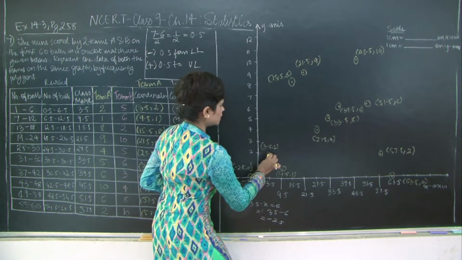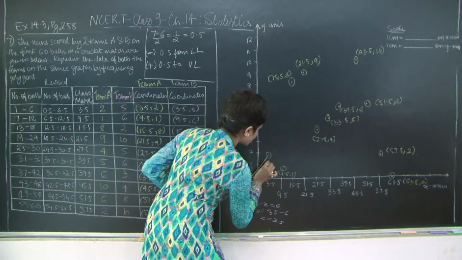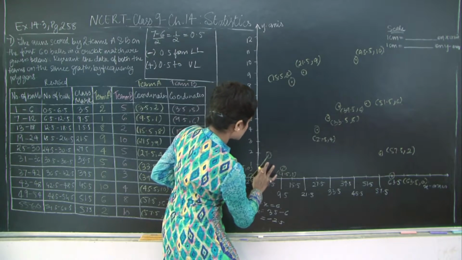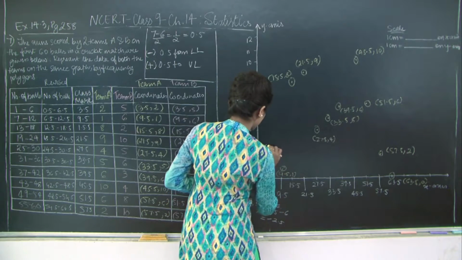So first this point, I'm just going to write down this coordinate, 3.5 comma 2.